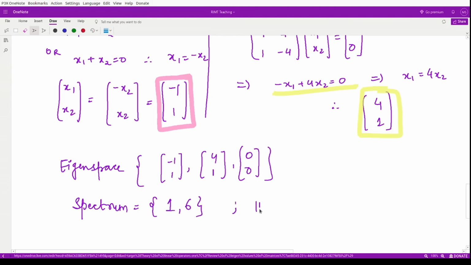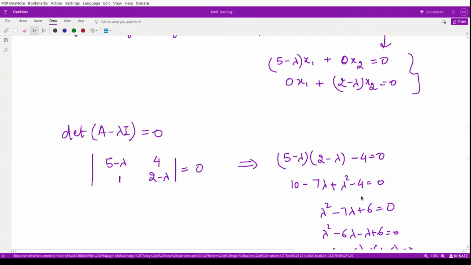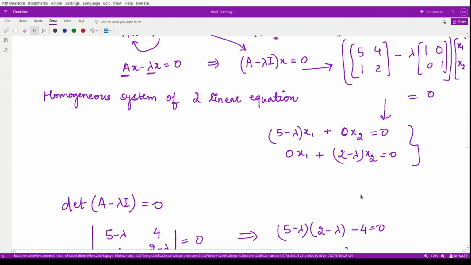And what would be the resolvent set? Rho of A would be the whole of the complex plane minus this spectrum set, right? So the whole of the complex plane except the set 1 and 6. So this would be your resolvent set, right? So this is how you reach calculating the eigenvalues, eigenvectors, spectrum and resolvent for the given matrix.